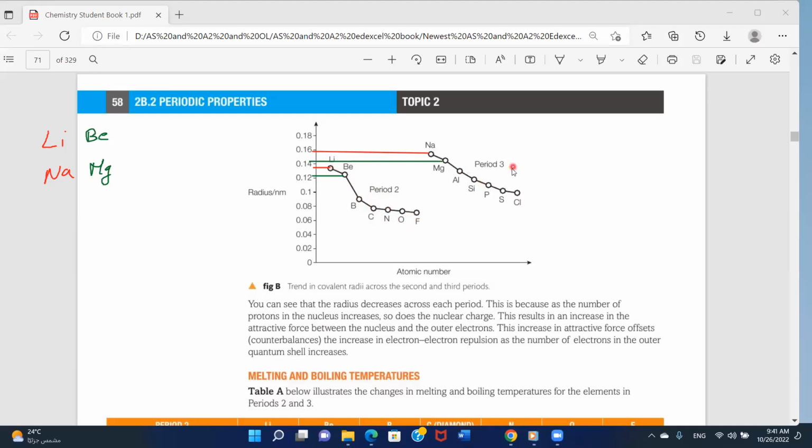If you look at period 3, sodium, magnesium, aluminium, silicon, phosphorus, sulfur, chlorine, you will find that the atomic radius decreases across the period due to the stronger attraction force between the greater nuclear charge and the outer electron. But down a group, the atomic radius increases.